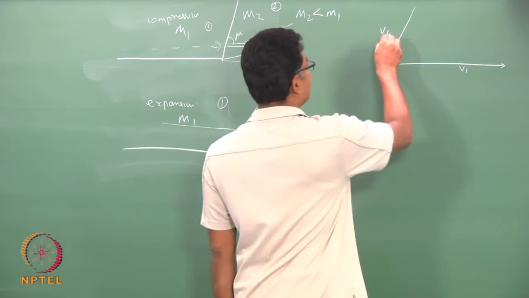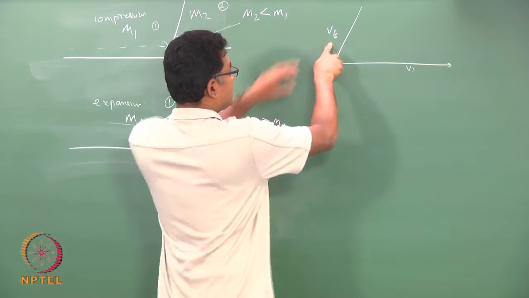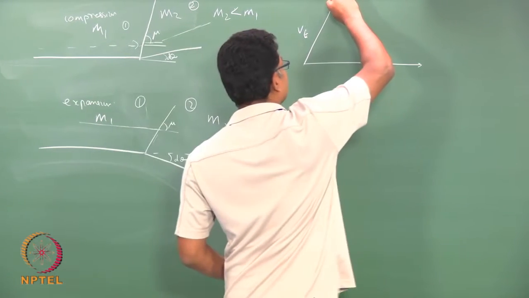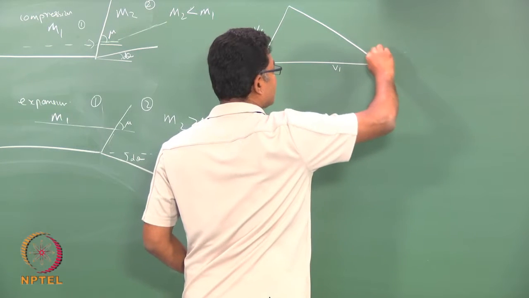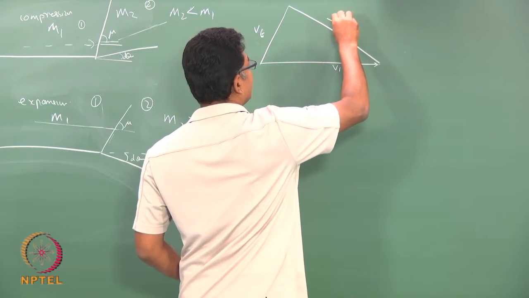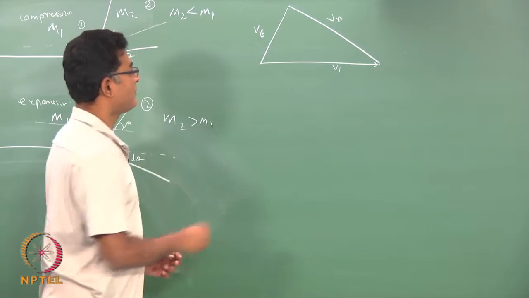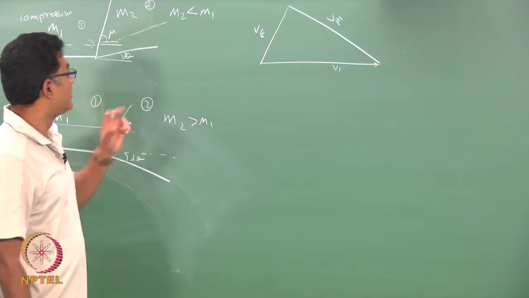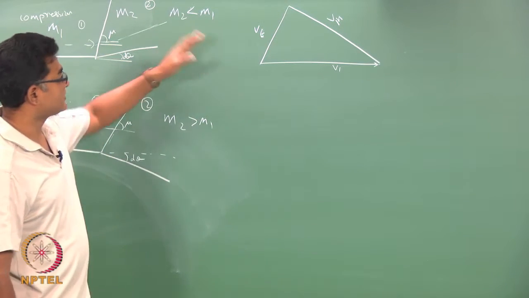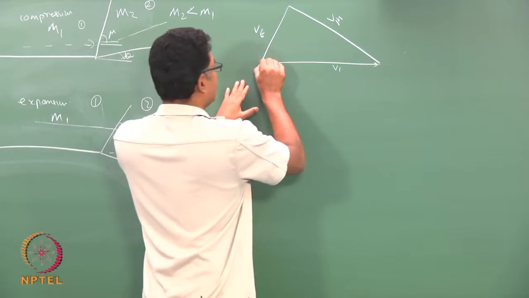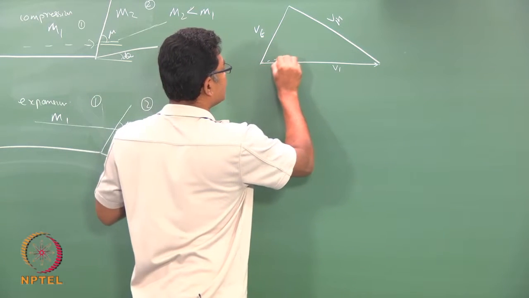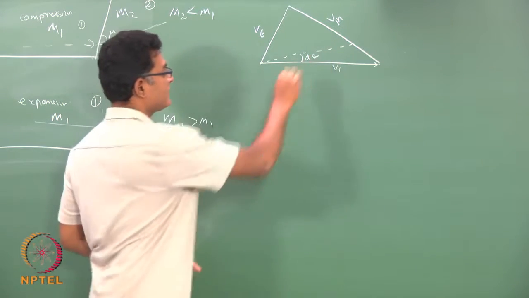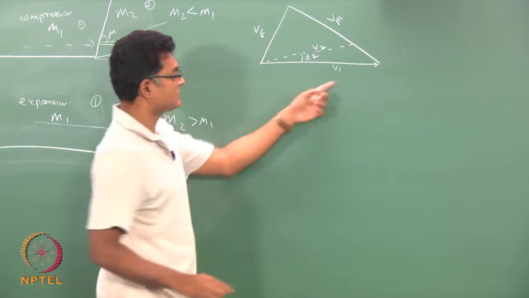So I have V tangential and then the resultant velocity, and if I draw 90 degrees from there, this is my V1 normal. Okay. So in a compression wave, because the turn angle is this way, the resultant velocity V2 is less than V1.